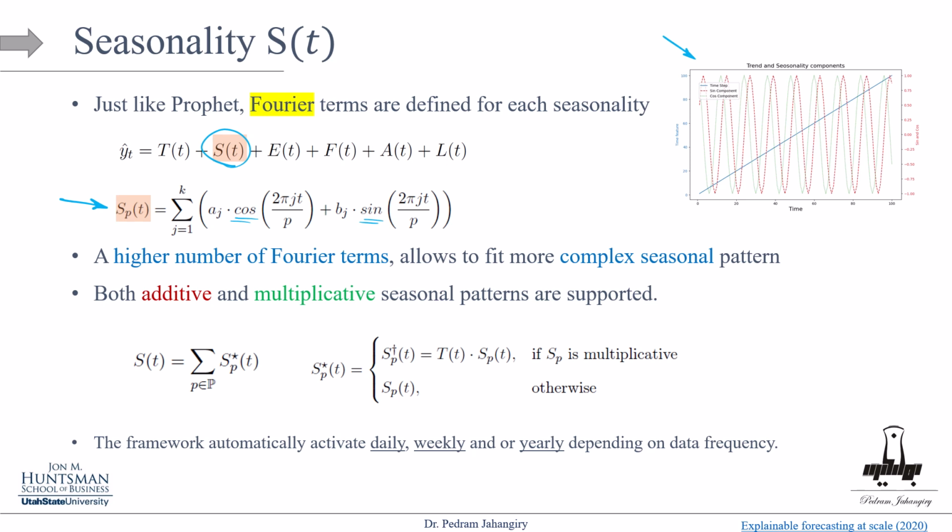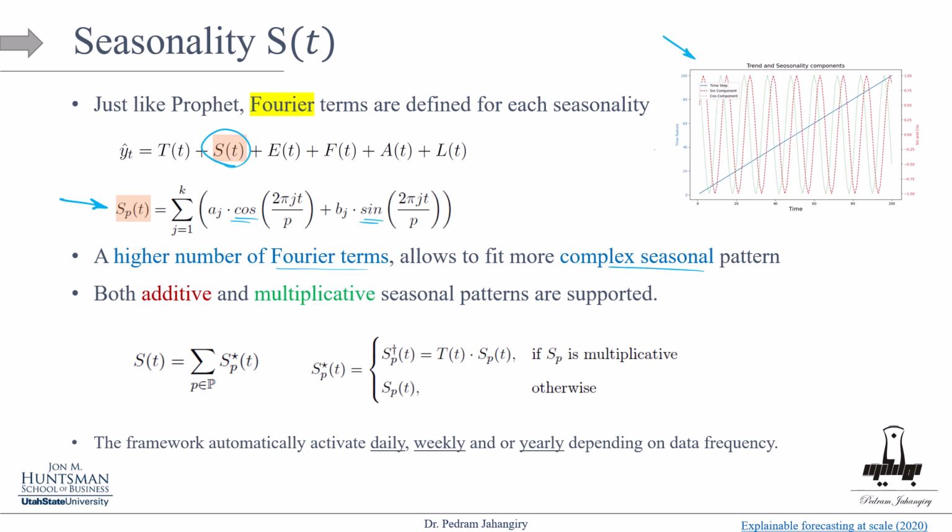Here you're going to see the sine in red and cosine in green, and you can mimic any kind of regular seasonal component by combining these sine and cosine. The cool thing is that if we use more Fourier terms, it will allow for more complex and multiple seasonality.